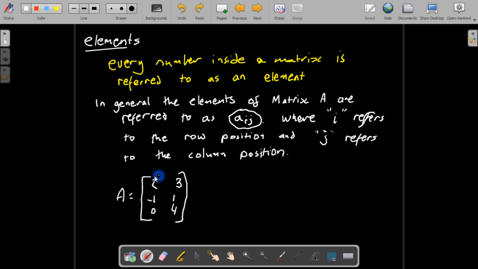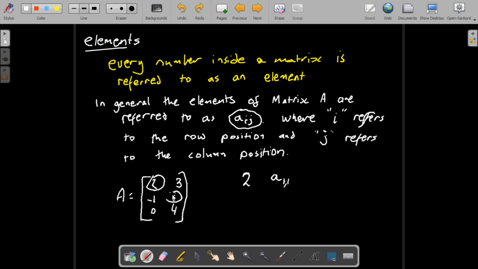So if I wanted to work out what that was, it would be matrix A, first row, first column. So the position of 2 would be matrix A, first row, first column, with a comma.